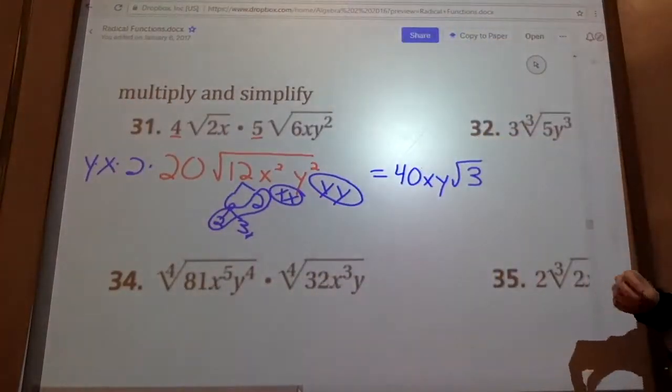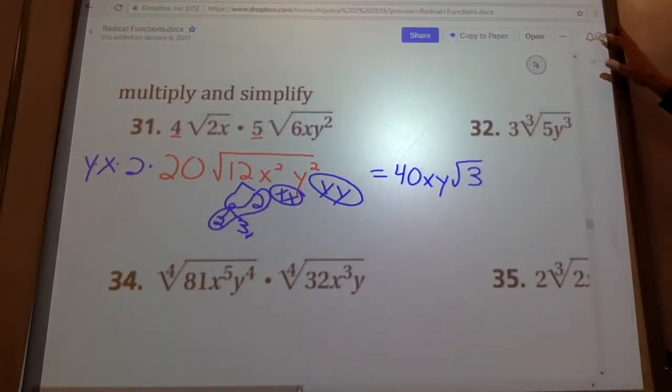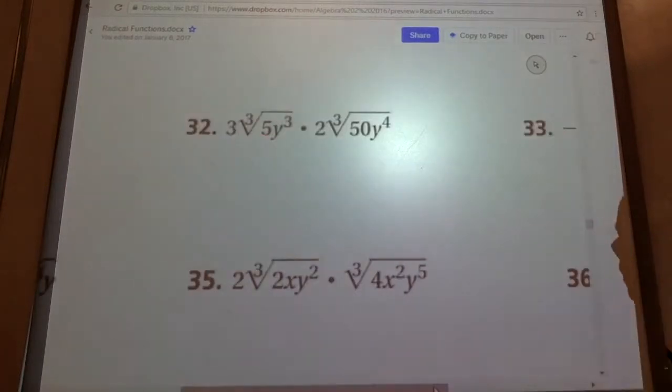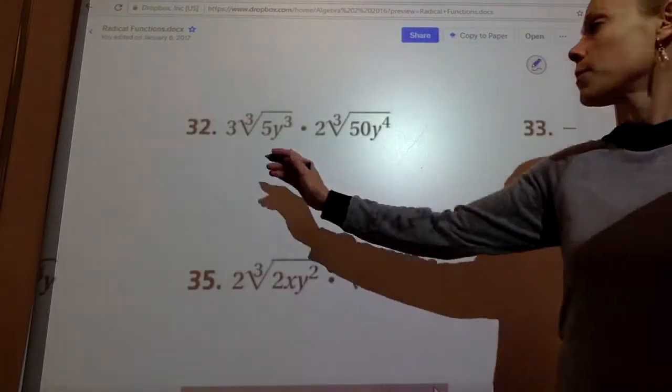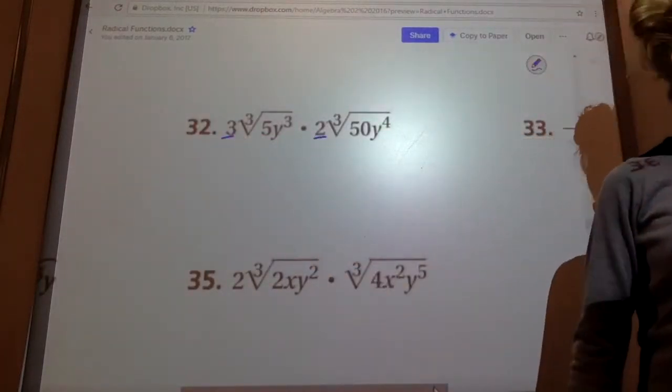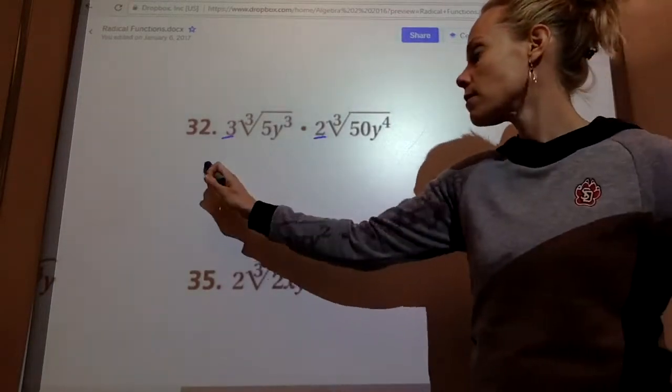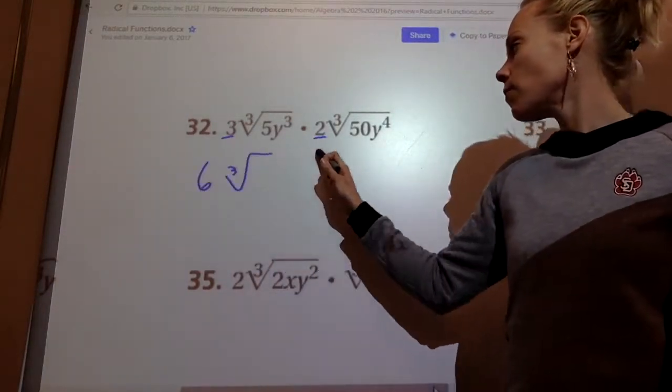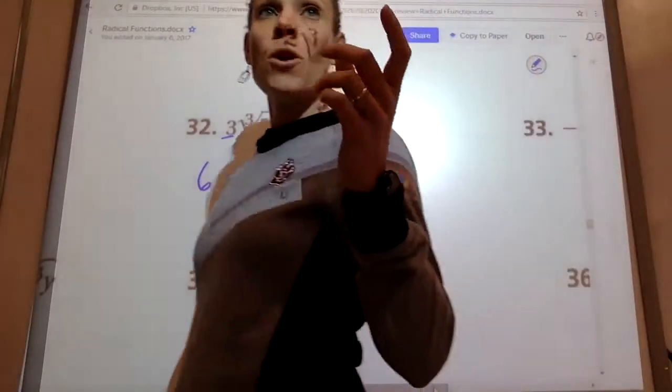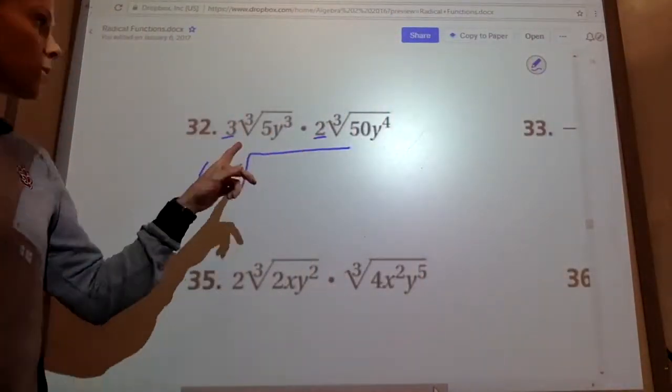Let's try a cube root. Okay, so cube root, again, I'm going to multiply what's in front. 3 times 2, 6. Okay, and then cube root of what? Now here's a trick. You don't have to multiply those numbers together.